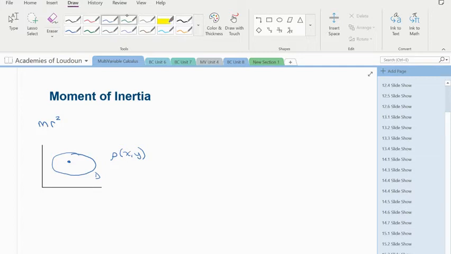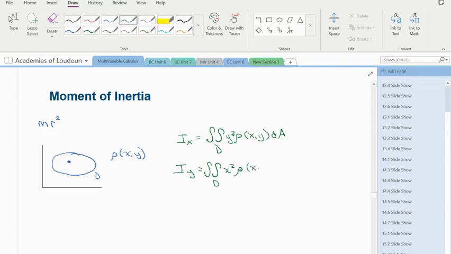And this result gives us the moment of inertia about the x-axis, which is the double integral over the region D of y squared rho of xy dA, and our moment of inertia about the y-axis will give us x squared rho of xy dA.